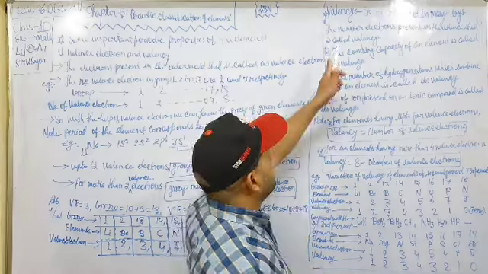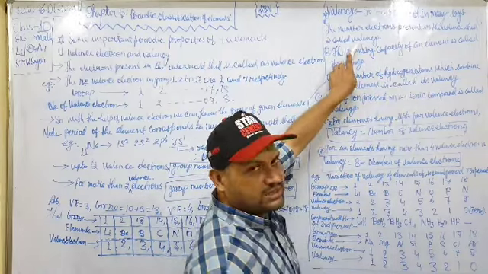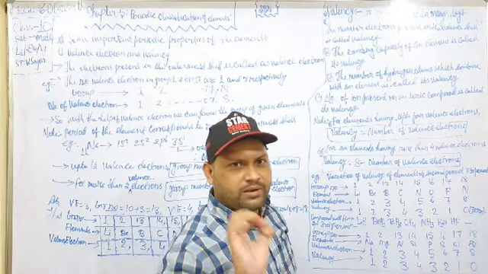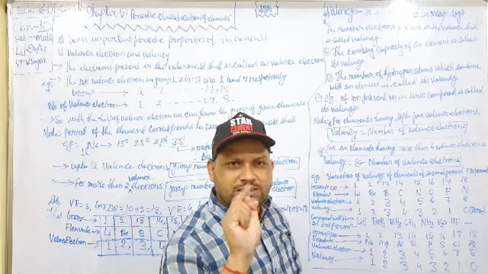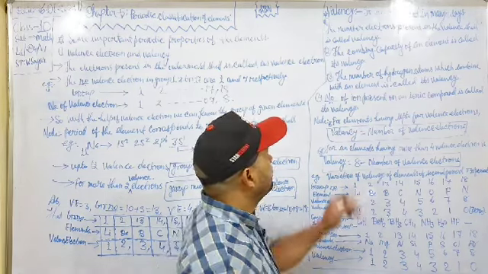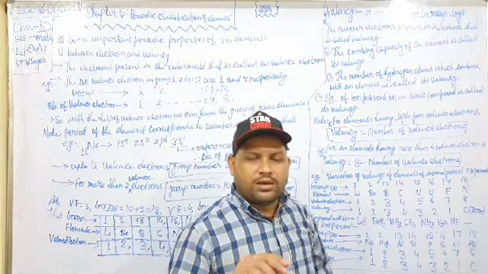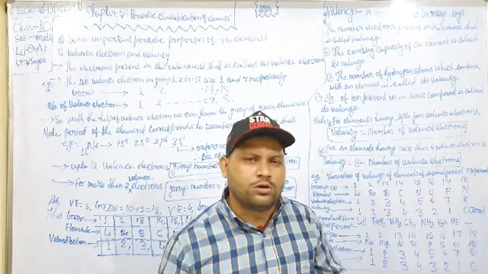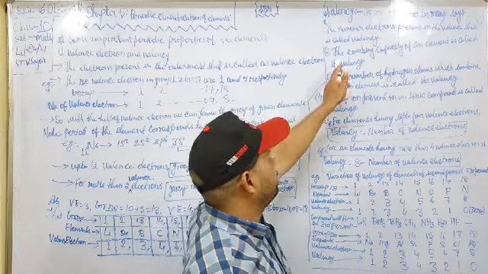First, the number of electrons present in the valence shell is called valency. For example, in the sodium atom, the number of valence electrons is 1. That's why its valency is only 1. If this definition doesn't hold good, then we have to use the second definition.